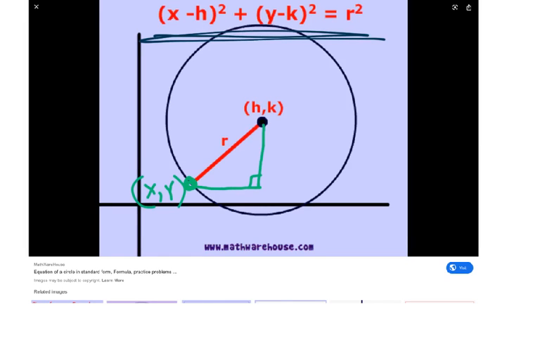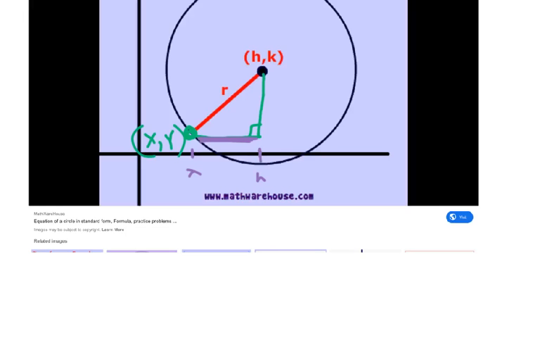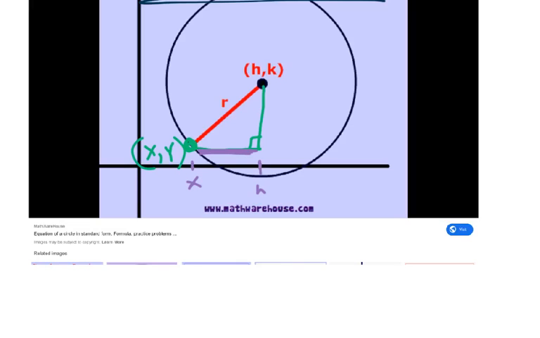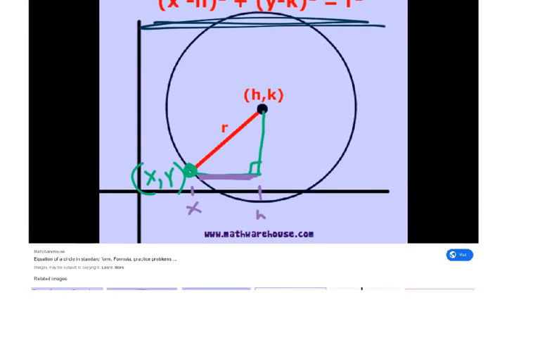So if I want to figure out the distance from here to here, if this is x and this is h, now keep in mind it doesn't matter whether you write x minus h or h minus x, because we are going to end up doing the Pythagorean theorem and square it. So I can argue that it's x minus h, right?